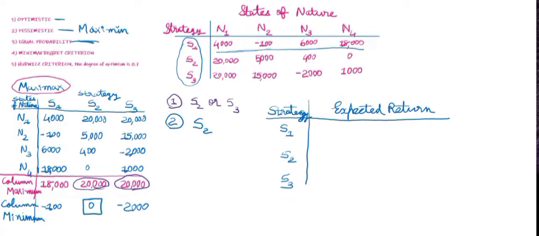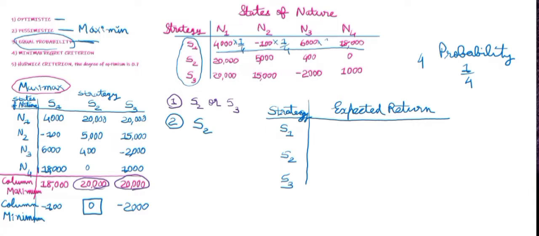Now in order to find the expected return, here we are having 4 values. So we'll have to consider the equal probability, which is 1 by 4. If you are having 3 values, then the probability will be 1 by 3. So we'll multiply 1 by 4 with each of these values of the first row, which is 4000 into 1 by 4, -1000 into 1 by 4, 6000 into 1 by 4 and 18000 into 1 by 4.